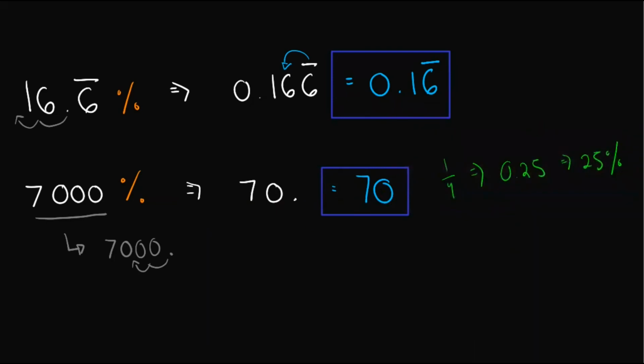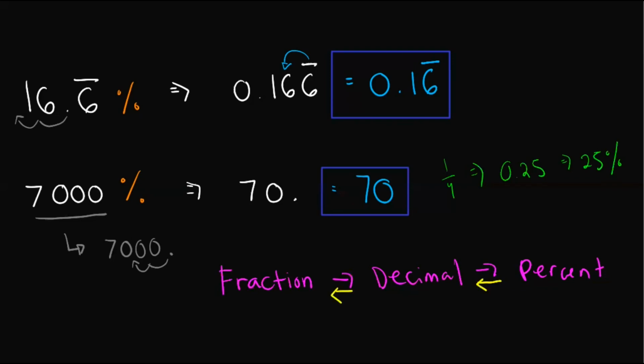So to generalize the idea in conversion of rational numbers, we have this one: fraction to decimal to percent, and percent to decimal to fraction.